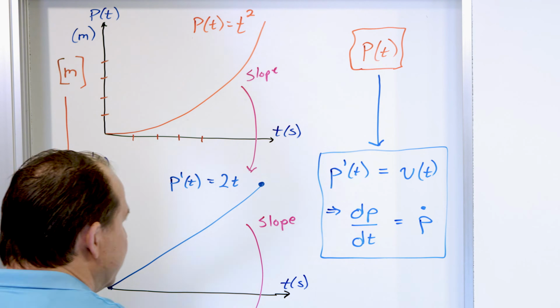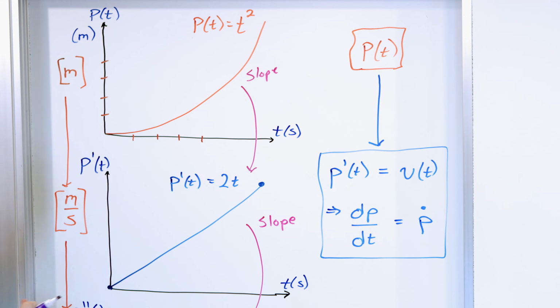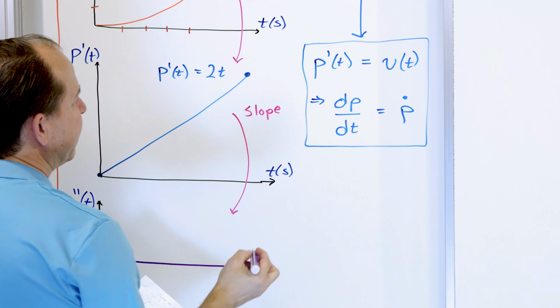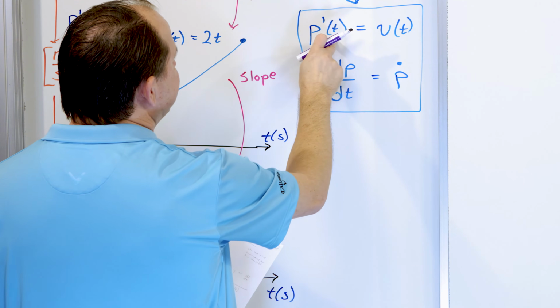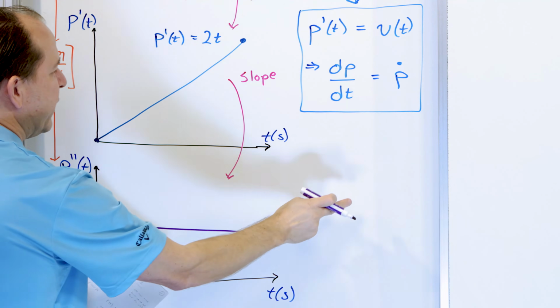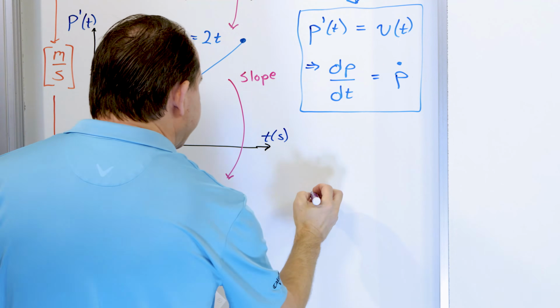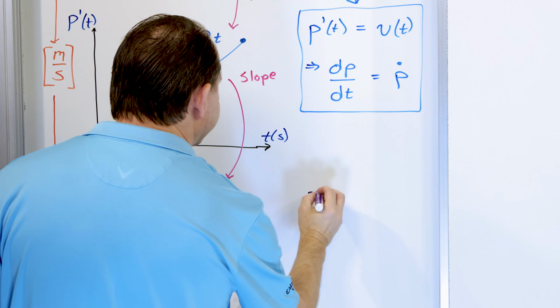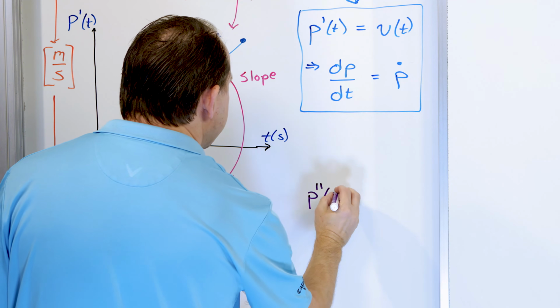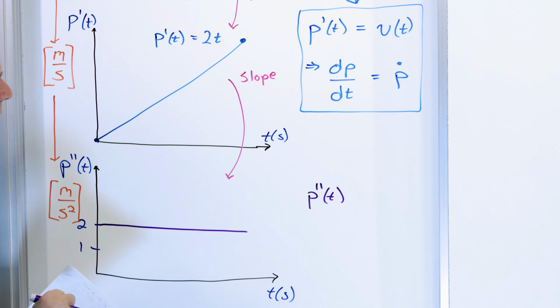Now we're going to move downstairs and talk about the derivative of this velocity function, which we already know is acceleration. If p prime of t is the first derivative, how do you think we calculate another derivative? In terms of the original position function, we can put 2 primes on it, and say this is p double prime of t.